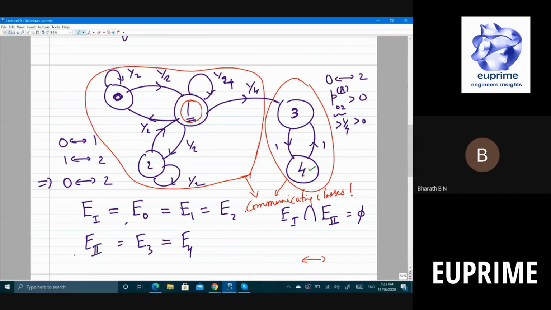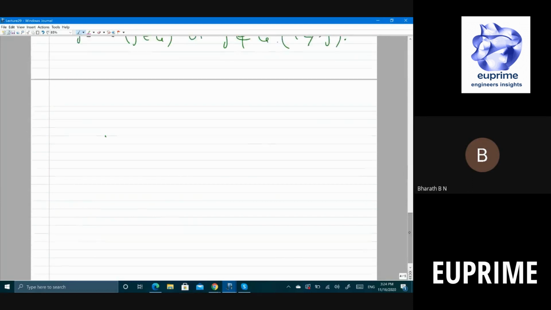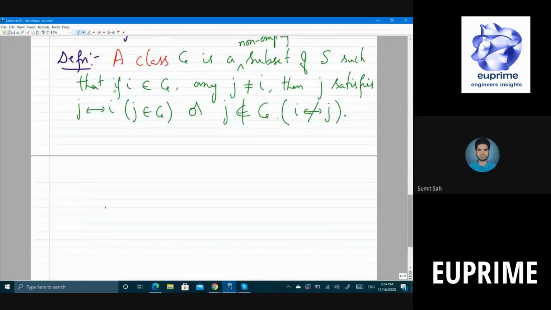I cannot go from 4 to 1 or 4 to 2 or 4 to 0. I cannot go from 3 to 1 also. Therefore, they belong to a separate class. Is that fine? Everyone? Rishabh? Yes, sir.